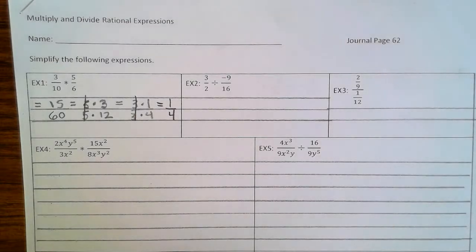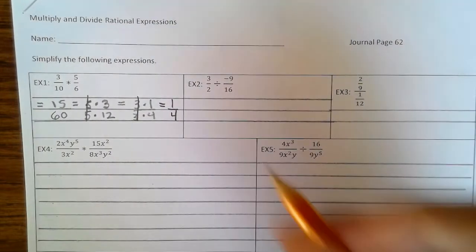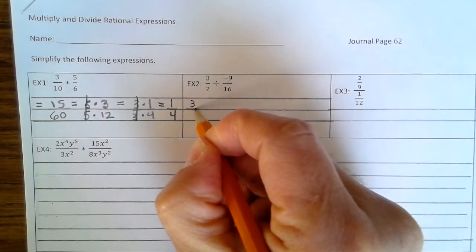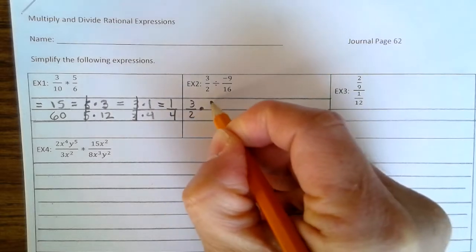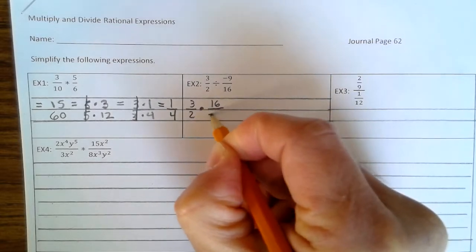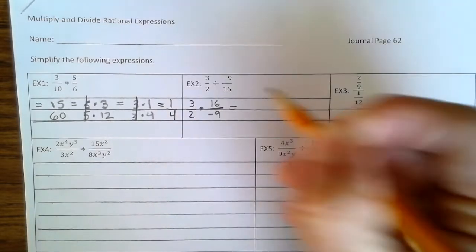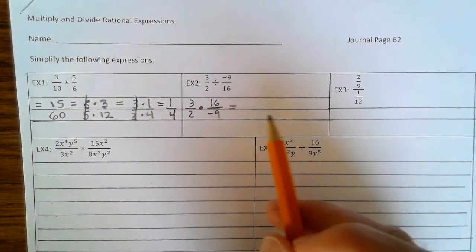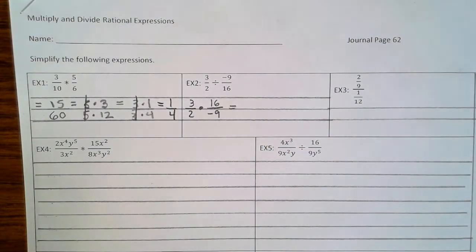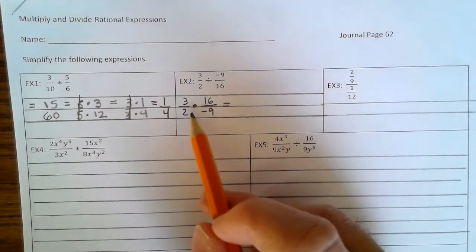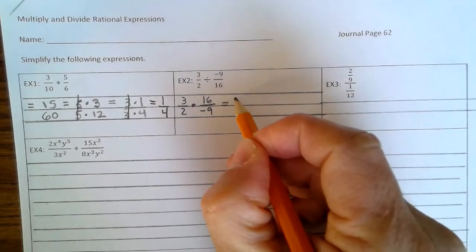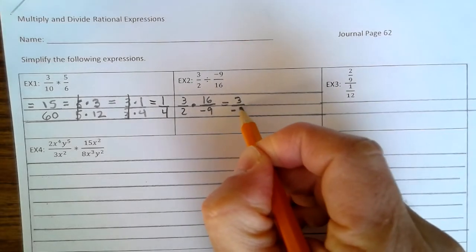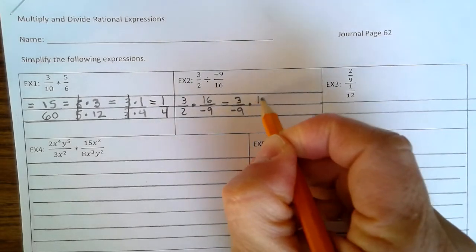Now, when you divide by fractions, you flip and multiply. So this becomes 3 divided by 2 times 16 divided by negative 9. So you multiply across, but wait, there's actually an easier way, okay? You can actually rewrite this as 3 divided by negative 9 times 16 divided by 2.